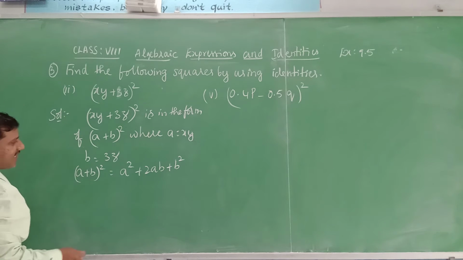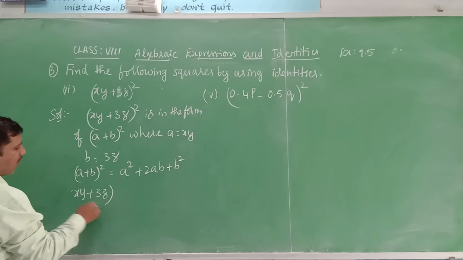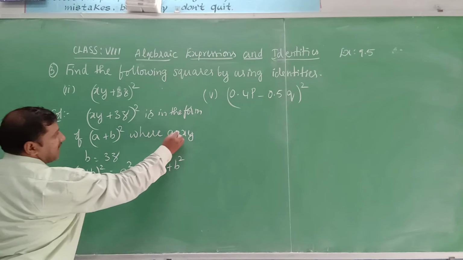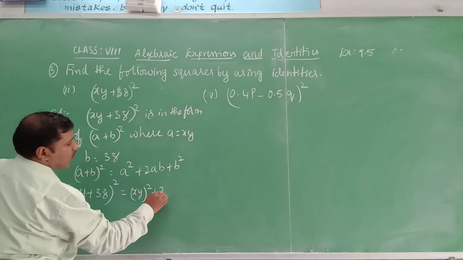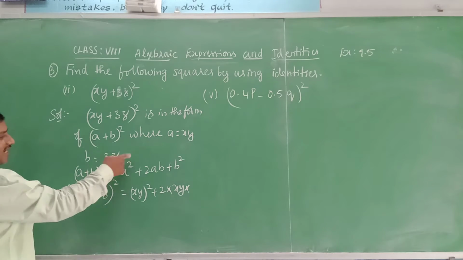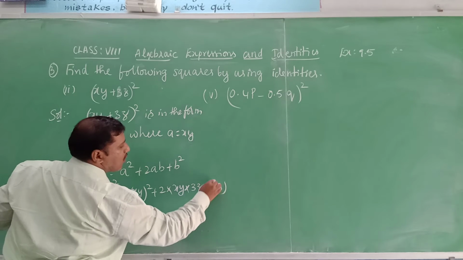Now see here, xy plus 3z whole square is equal to a square, a is equal to the first term, that is xy. So a square means xy whole square, plus 2 into a, it is xy, into b, b it is 3z, plus b square, that is 3z whole square.